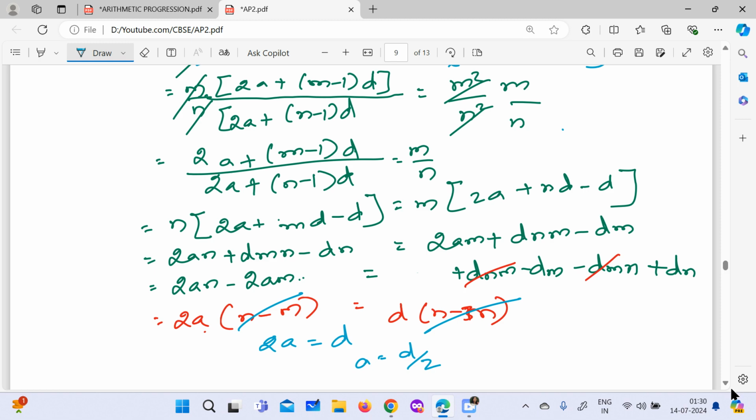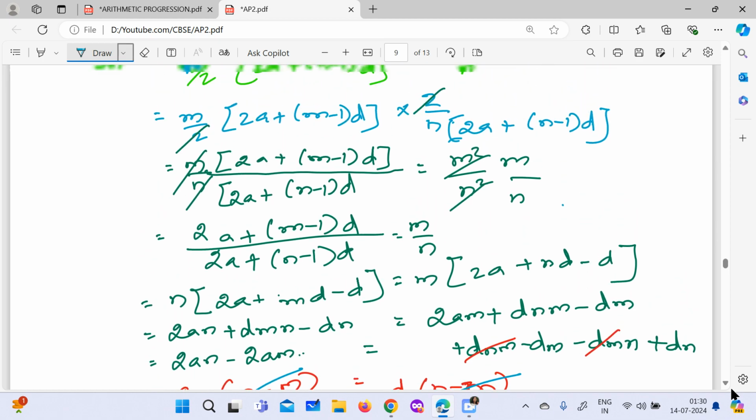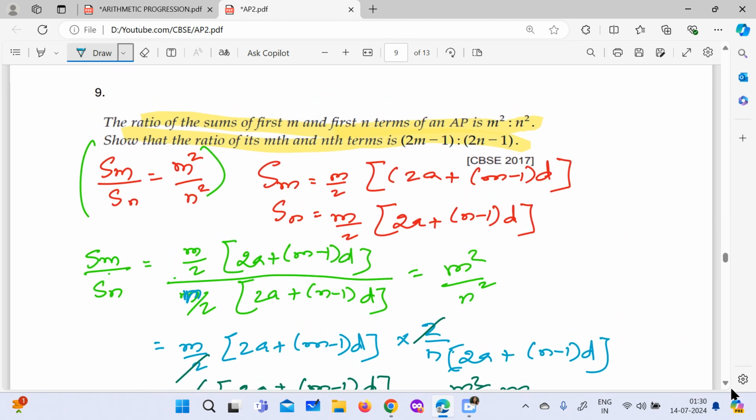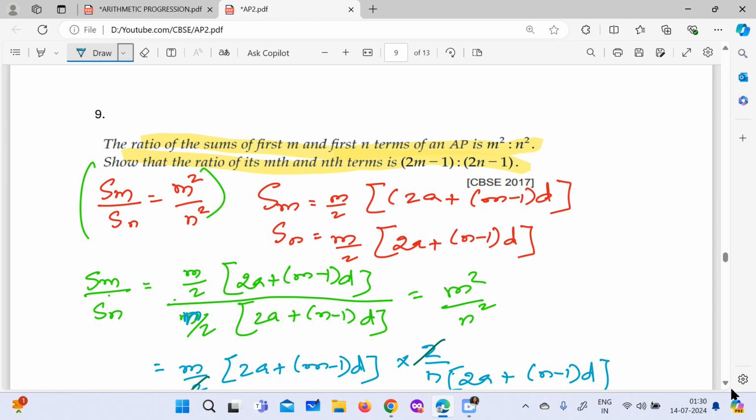Now, let's read the question again. The ratio of the sum of first m and n terms of the AP is m square is to n square. Show that the ratio of mth and nth term is 2m minus 1 is to 2n minus 1. So we have to prove it this way.